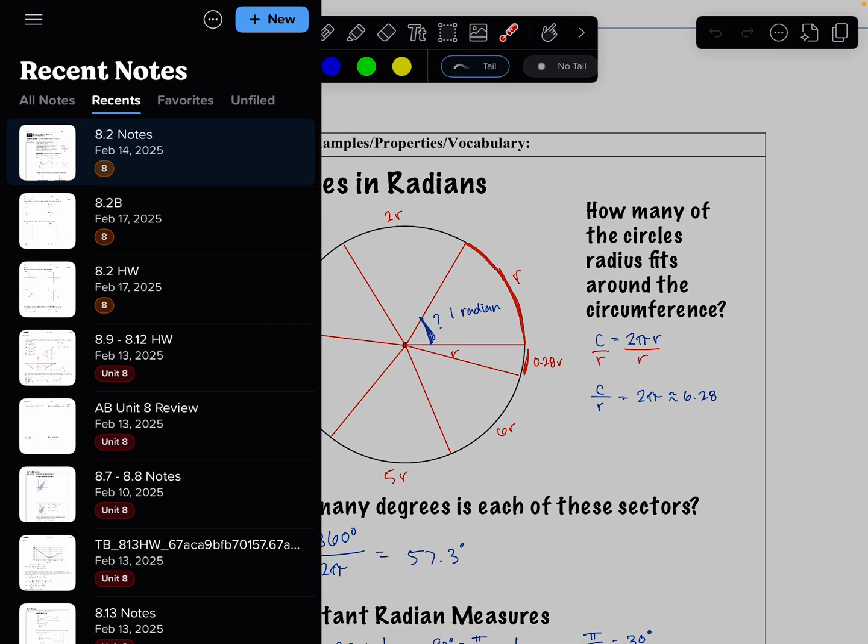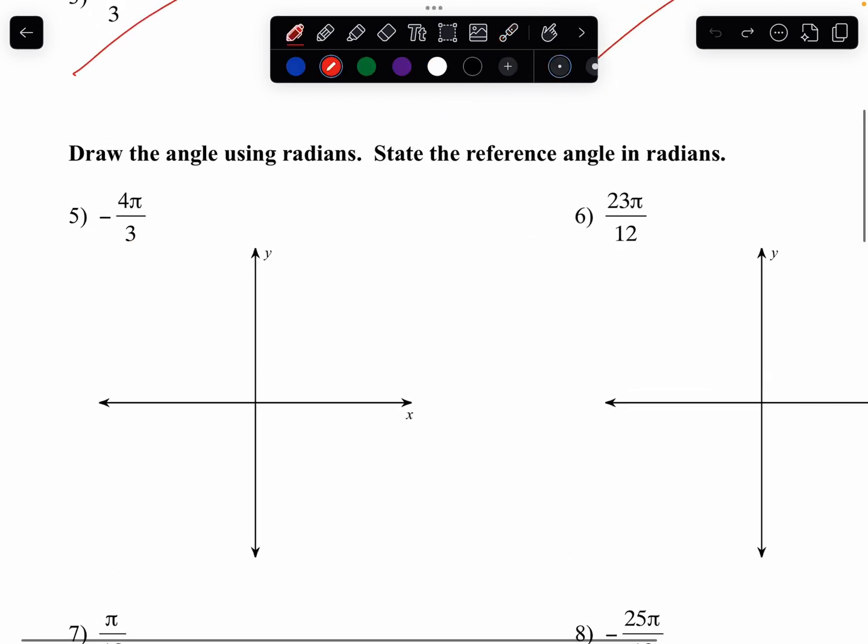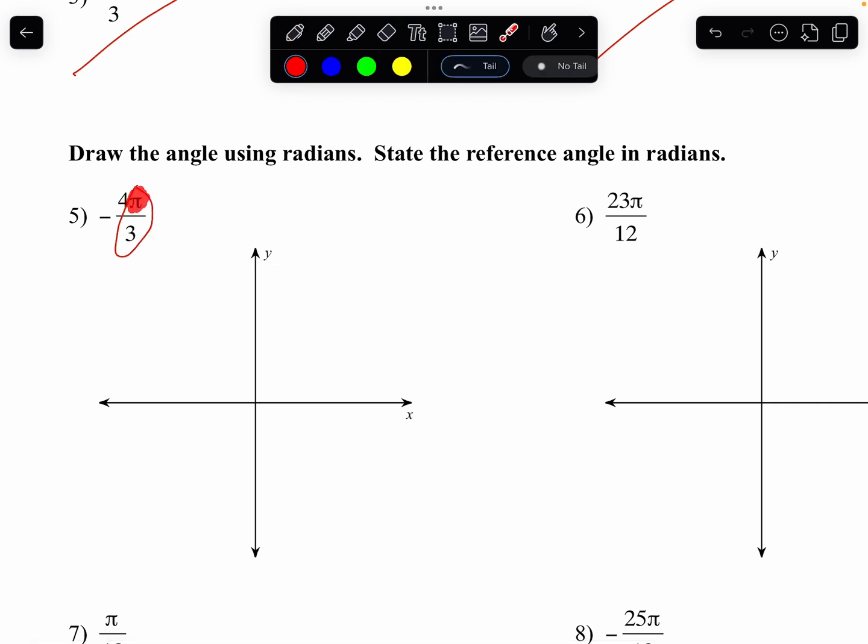Alright, so moving on, right here, this is how I like to draw my angles in radians. I first look at this little piece right here, because I know that pi radians is 180 degrees, and I'm splitting it into 3 parts, so 1, 2, and 3.